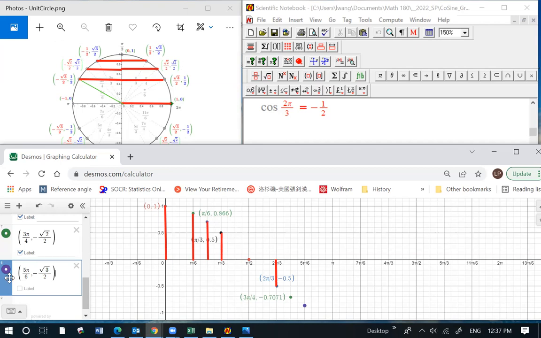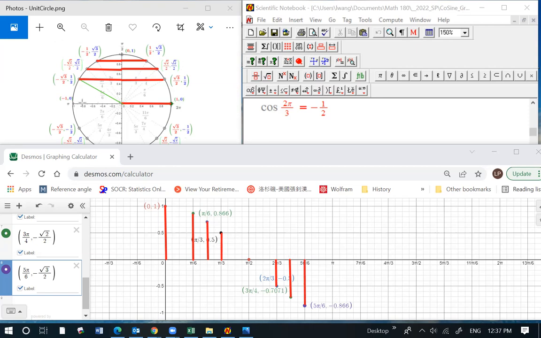Okay, so now we get these numbers. Let's look at the red bars. You can see we are very consistent, right? For -√2 over 2, which is the cosine pi over 4 value, right? So we're doing a couple of things at the same time. So how about you allow me to take time to mark these points? This is for input 3 pi over 4. And this is for 5 pi over 6, right?